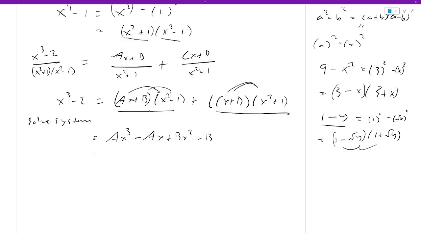So we're going to get plus cx cubed plus cx plus dx squared, and then plus d.